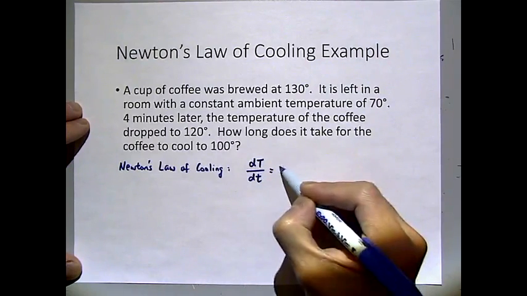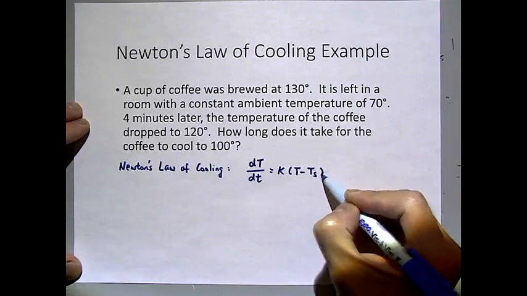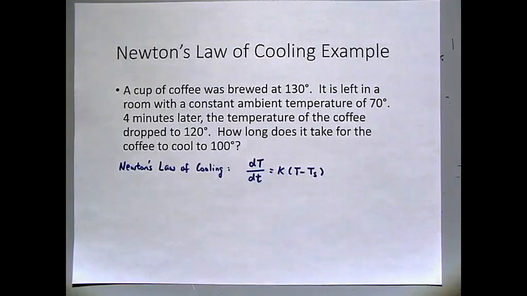The equation says the rate of change of the temperature of some object is proportional to the difference between the temperature of the object itself, T, and the surrounding temperature, Ts.